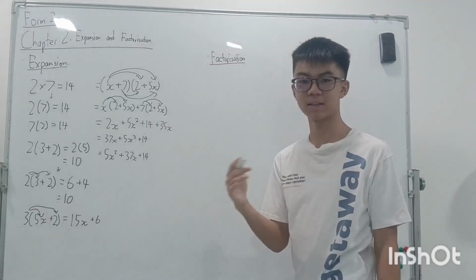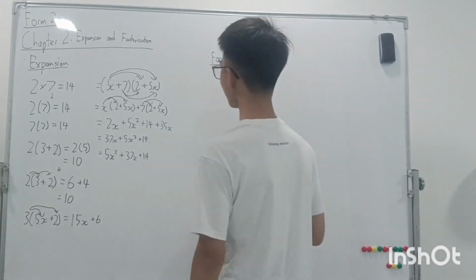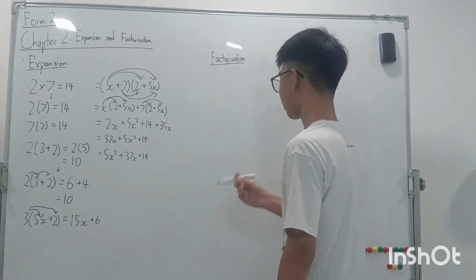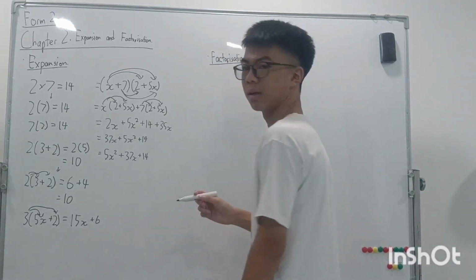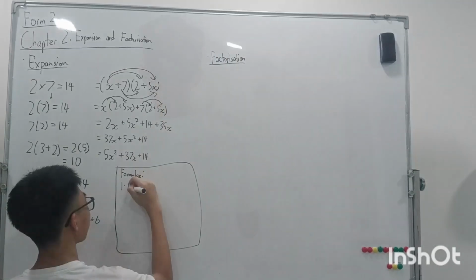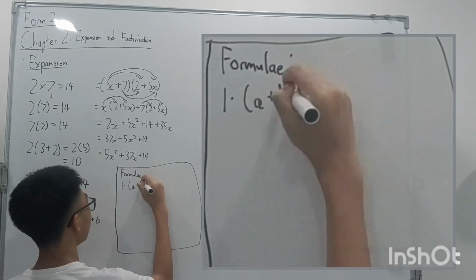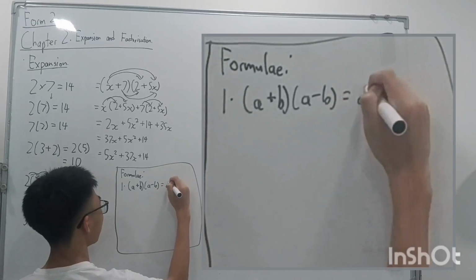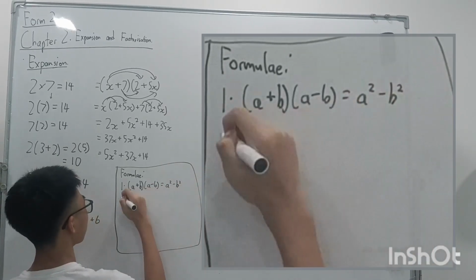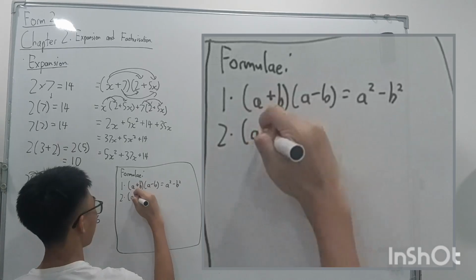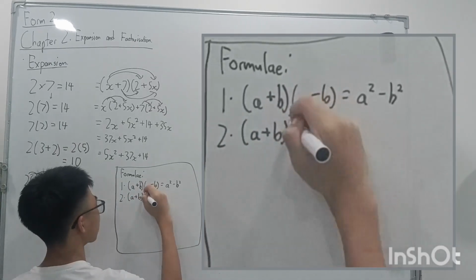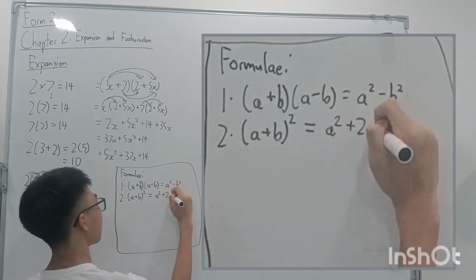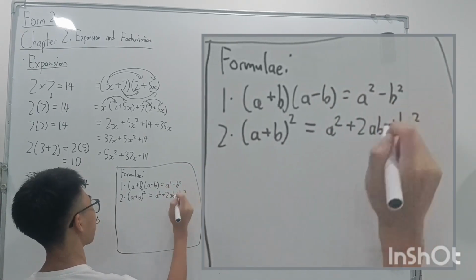Before we move on to factorization, I'm going to give you a few formulas you need to know. So the first one is a plus b bracket a minus b will be equivalent to a squared minus b squared. The second will be a plus b squared equals a squared plus 2ab plus b squared.